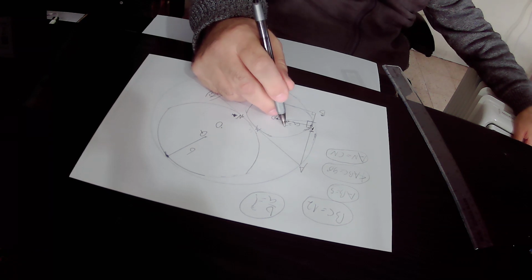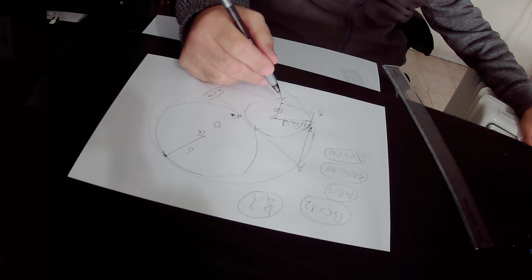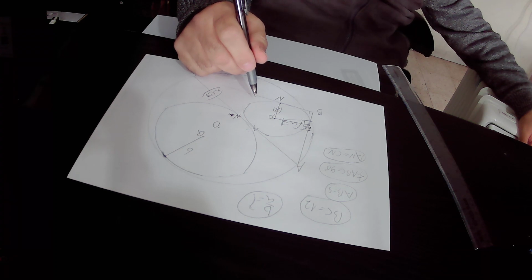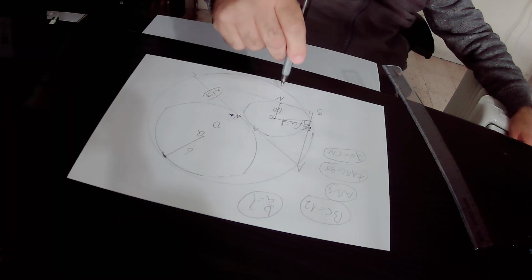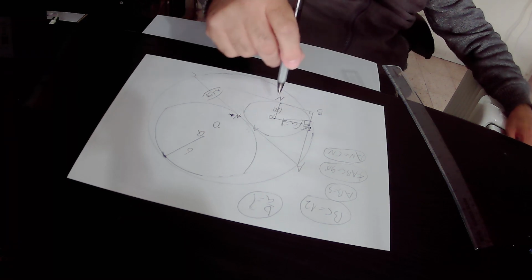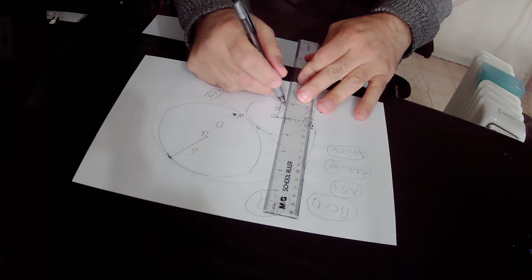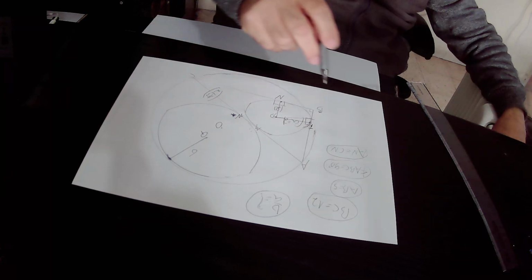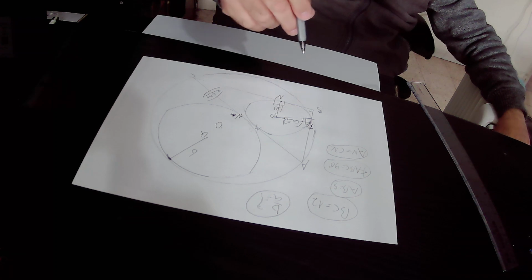The radius PN is drawn to point N, that is the point of tangency of tangent BC with this circle, so tangent BC will be perpendicular to the radius NP. If BC is perpendicular to NP, it means that this angle equals 90 degrees and this angle also equals 90 degrees. So inside quadrilateral TPBN we have 1, 2, 3 right angles.